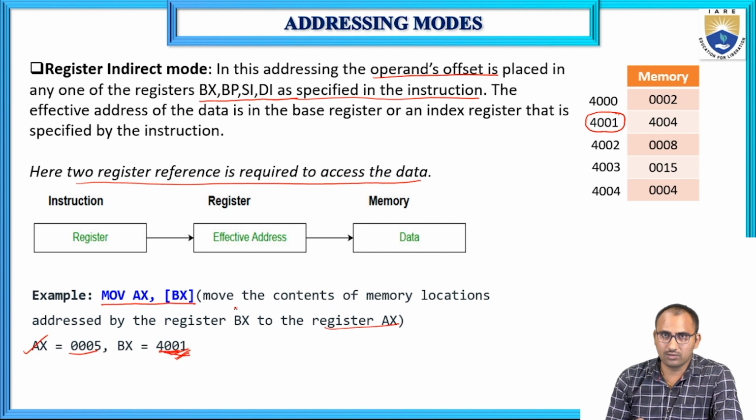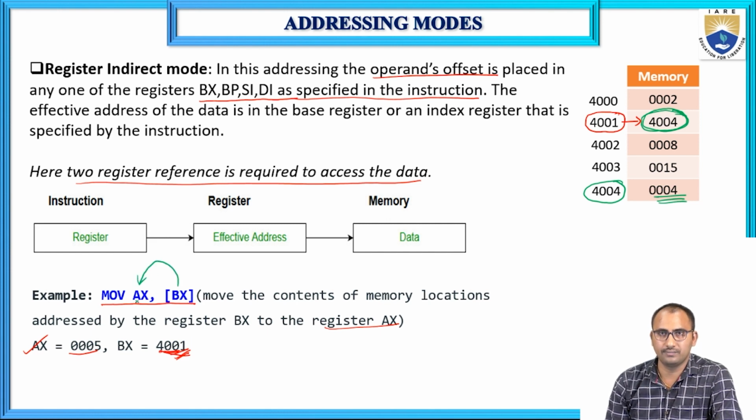It is the address of the memory location that contains the operand. In 4001, the data present is 4004. Using this address, it will go to the 4004 location. In that, the value is 4. So this 4 we are moving to the AX register.